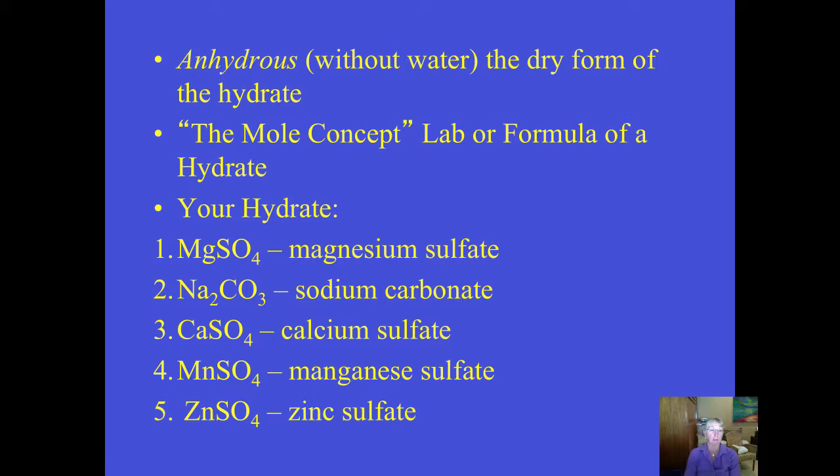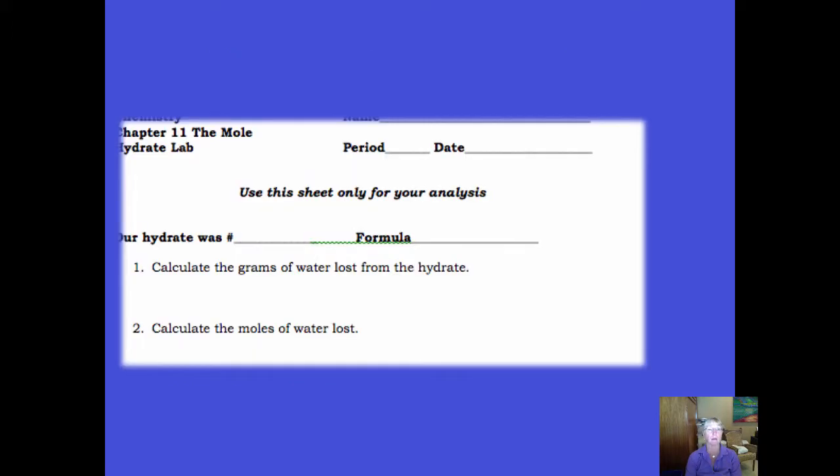You can simply write this down at the top of the next page, and you will go to the periodic table and find the molar mass of your dry anhydrous, without water compound. Notice at the top of the following page, where you will be doing some follow-up questions, you need to write down what our hydrate number was, and write that, as well as the formula.